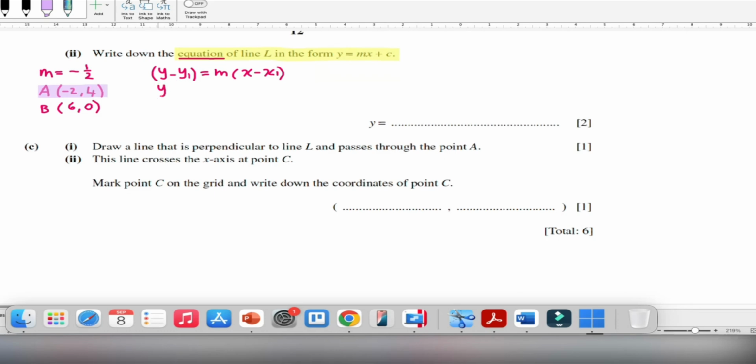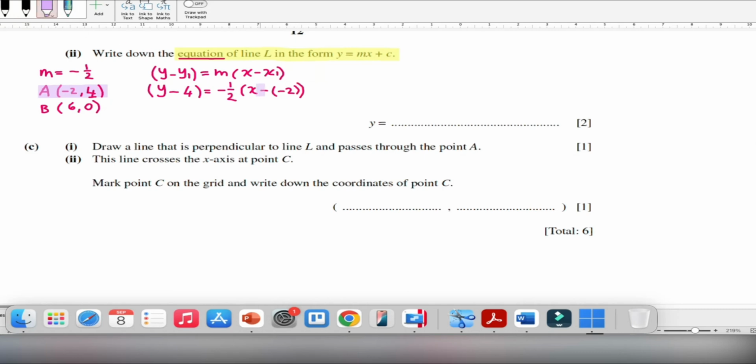Then you substitute the y value, which in this case is 4, all right? So we have y minus 4. We know the value of m is equal to -1/2, and our x value is going to be -2. So it's minus, and then we add the x value, which is -2.